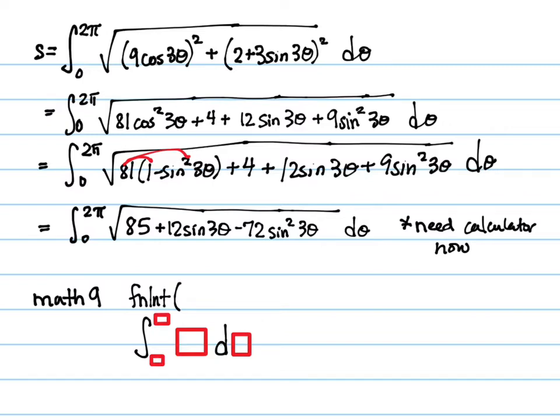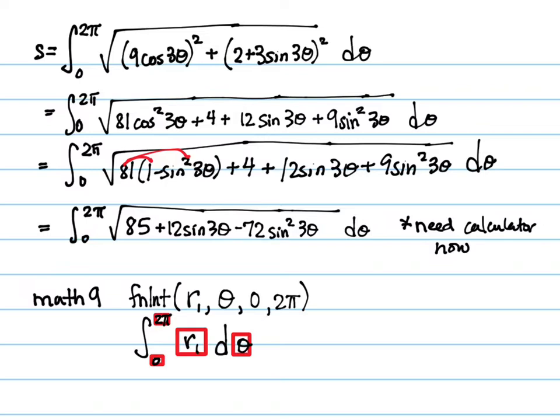If you've got a version of your calculator that looks like mine, you need to tell it that you want it to take the equation that's in R1, that you want the variable to be theta, that you want it to start at 0, and that you want it to go to 2 pi. If you have the newer version, which is probably what most of you have at this point, you're going to put a 0 at the lower integral limit, the 2 pi at the top one, R1 goes in the middle, and theta.